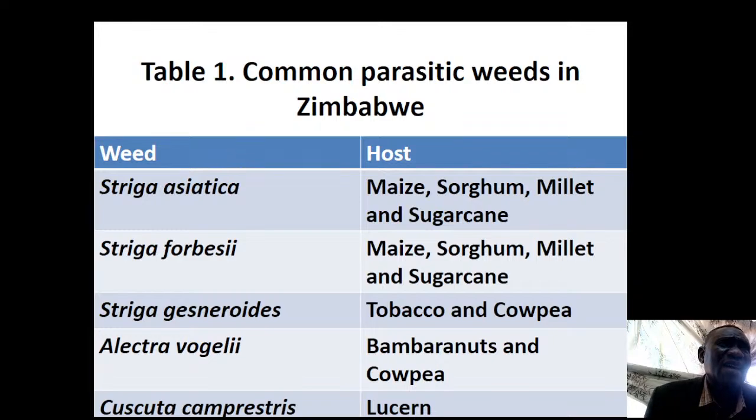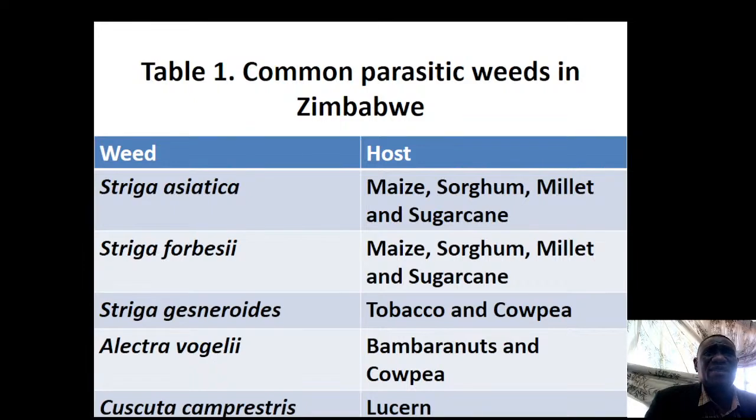Then Striga gesnerioides attacks tobacco, but in some countries it has been observed to attack cowpeas. We have not yet got reports in Zimbabwe where it is attacking cowpeas. Then we have Alectra vogelii, which can attack bambara nuts and cowpeas.